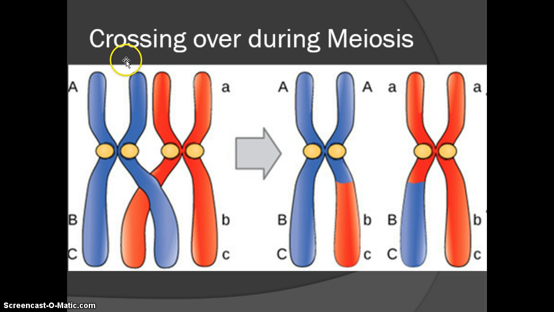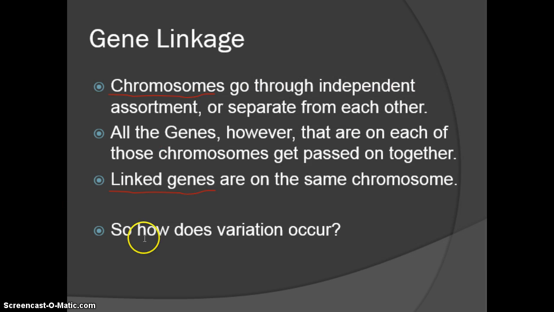We remember back to crossing over during meiosis. Remember, we have the sister chromatids and we have this crossing over, but you're actually having these individual chromosomes that are separating. Because it's the chromosomes that are separating, we have to look at where the genes are located.